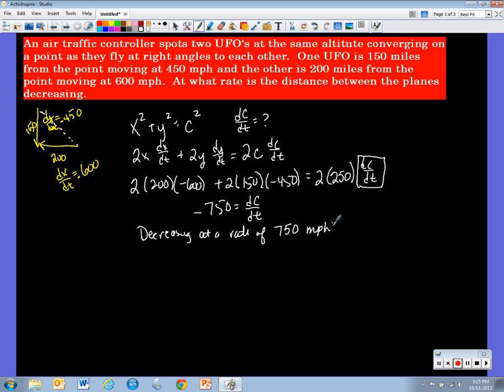So the distance between those two is decreasing quite rapidly. And it makes sense that that number is larger than the other two numbers if you look at your problem situation. So hopefully that makes sense to you guys, and now you can try some practice problems. Good luck with those tonight, and we'll add a little more tomorrow. The end.